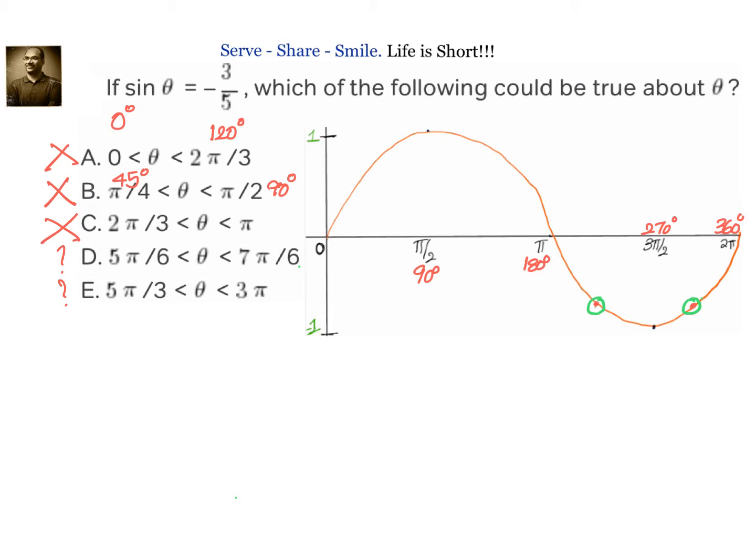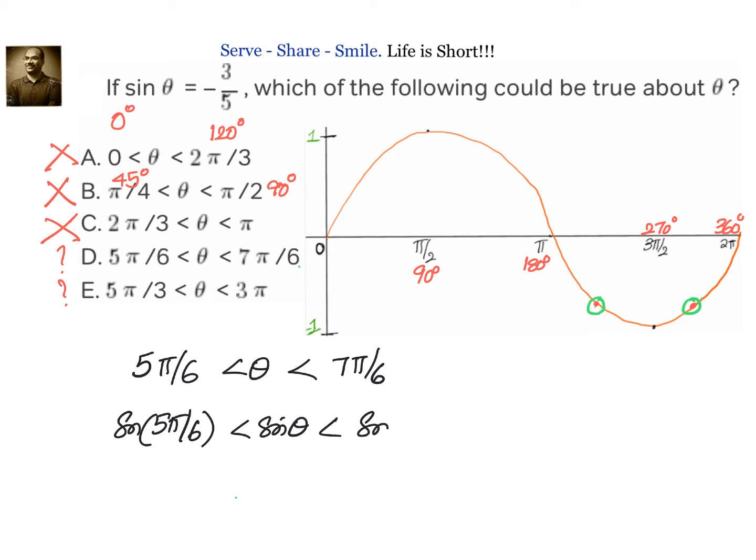Now let us see what the window of option D will be. So let's write that down. 5 pi by 6 is less than theta is less than 7 pi by 6. We know that sine of 5 pi by 6 is less than sine theta is less than sine of 7 pi by 6.